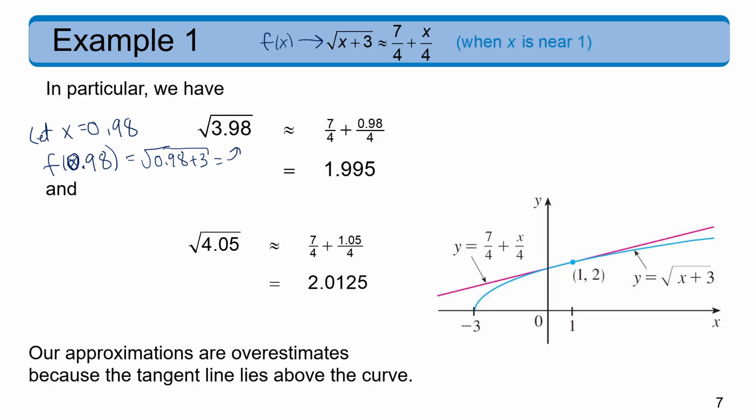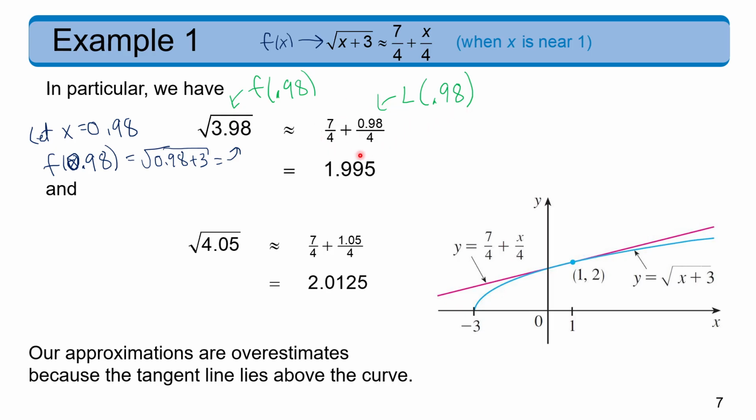Just to label again more clearly, this expression is f evaluated at 0.98. On the right, this is L evaluated at 0.98. And we've said that L and f are approximately equal as long as you're plugging in numbers that are near 1, and 0.98 is definitely near 1.